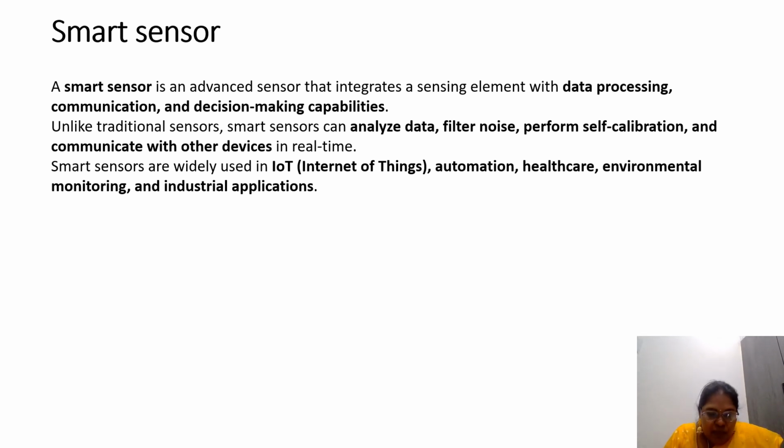So next come the smart sensors. So far you have seen the different types of sensors, how we can use them, what the applications are, and how they work. Now we are moving forward to what we need in our current technologies, which is the smart sensor.